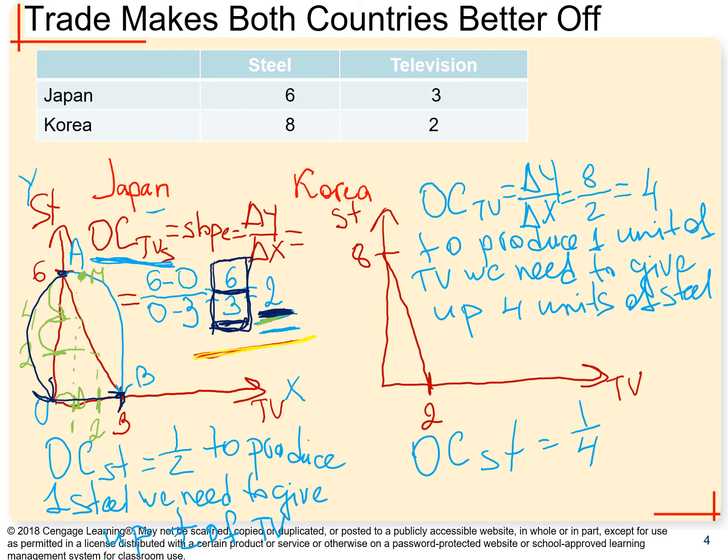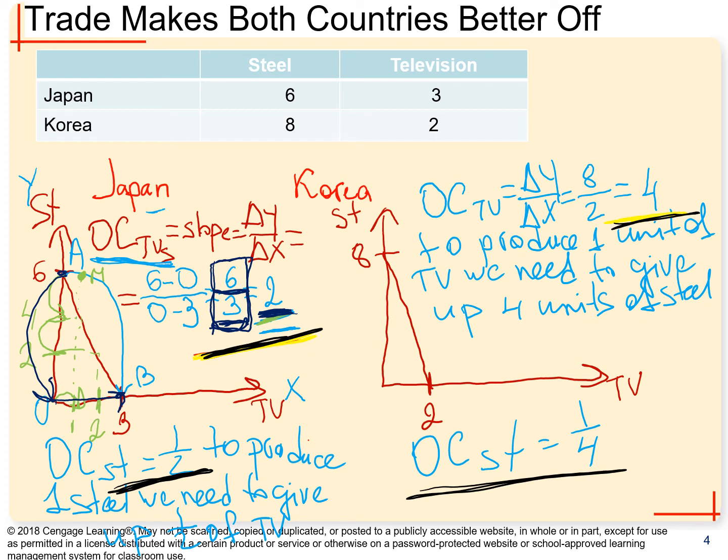So we're going to pay attention to opportunity cost of TVs in Japan, opportunity cost of TVs in Korea, opportunity cost of steel in Japan and opportunity cost of steel in Korea. And we're going to see which country can produce TVs and steel with lower opportunity cost.